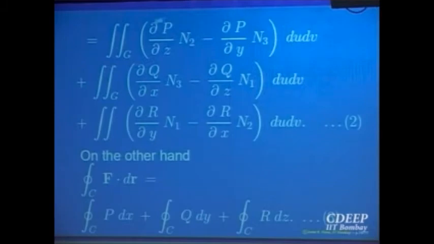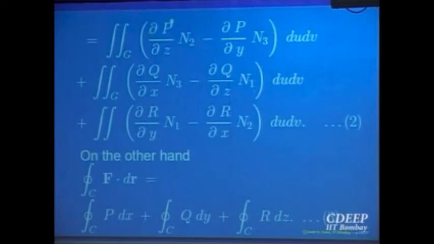Now to compute this, we are going to use the fact that your surface is projectable onto the xy plane. That will give me the precise values of n2 and n3 in terms of the function z equal to f(x,y). So what will be n2? n2 is the component of the second term, f_x i minus f_y j plus k. So n2 is minus f_y, n3 is equal to 1.